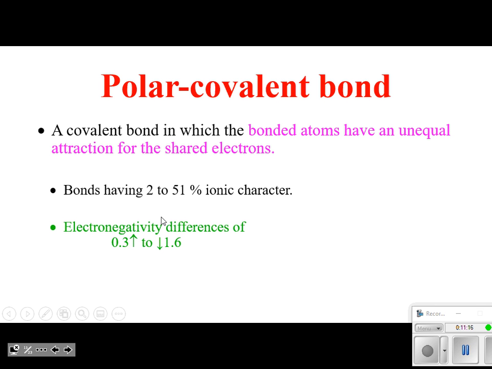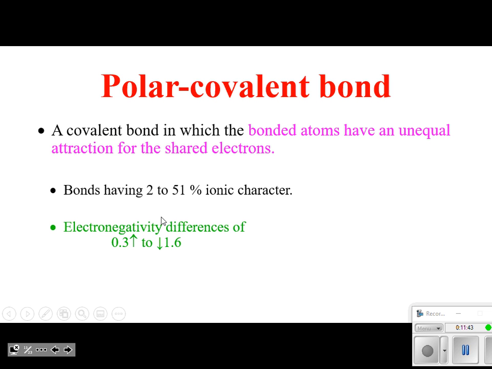Now my second range is for the polar covalent bond. In a polar covalent bond, the electrons are shared unequally. Think of it as a tug of war between the two different atoms. One atom is tugging a little bit harder, winning that tug of war.